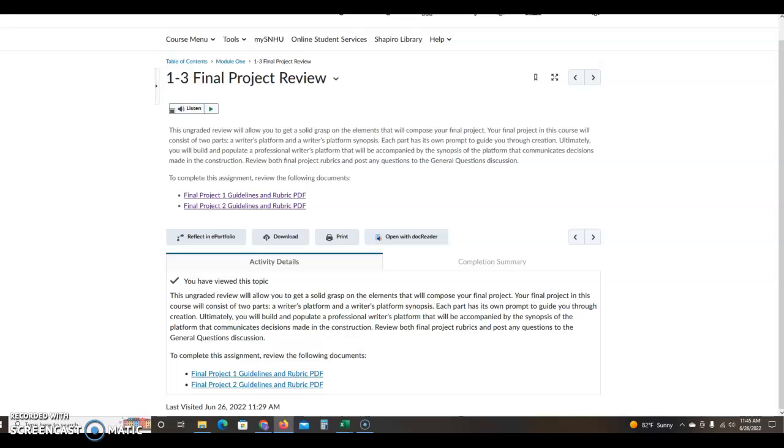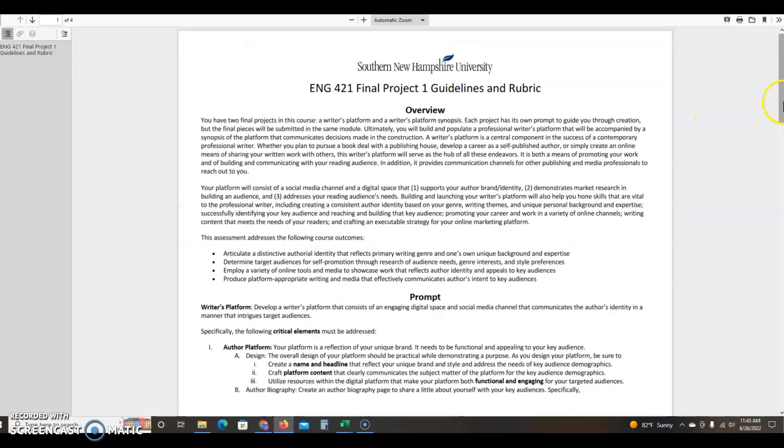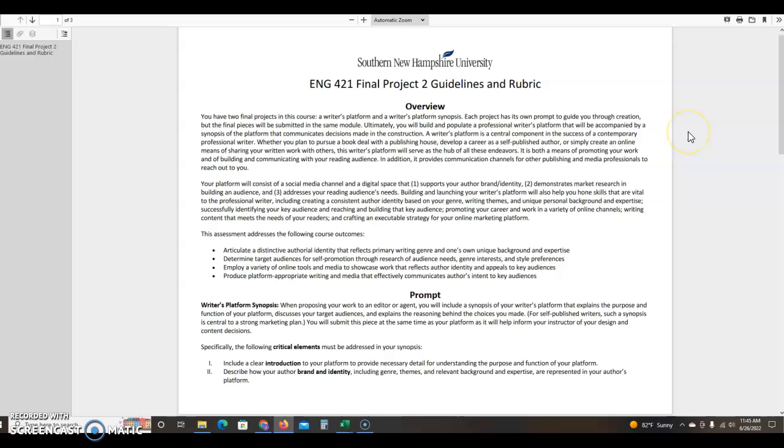Now, this part 1-3 is not graded. It's just a heads up for you to take a look at project 1 and project 2 overviews, right? So you'll be creating an author platform for project 1 and then a synopsis of your writer's platform in final project 2. So take a look in depth at these project guidelines and rubrics.